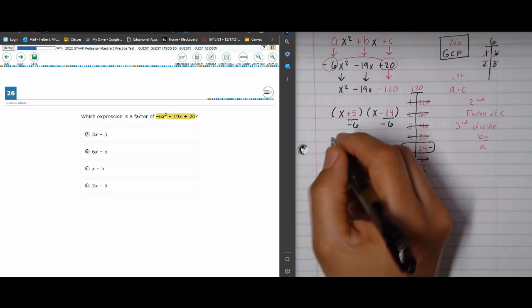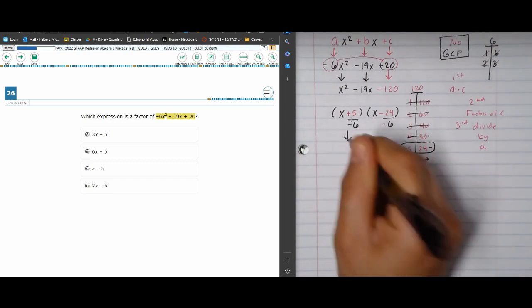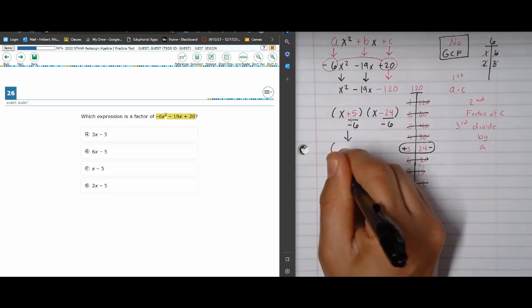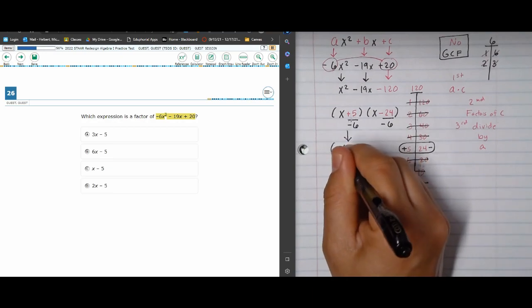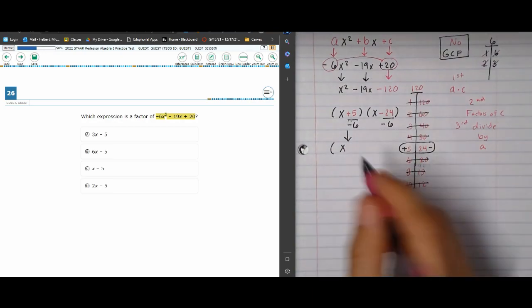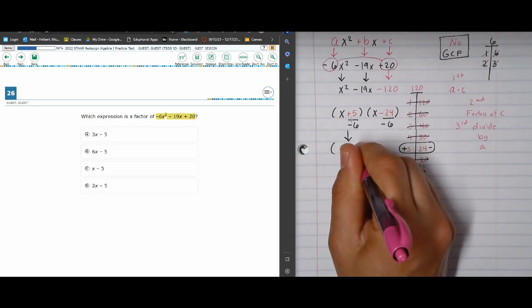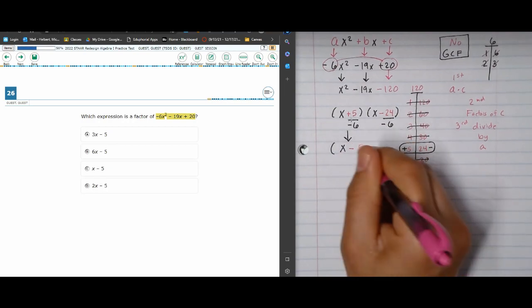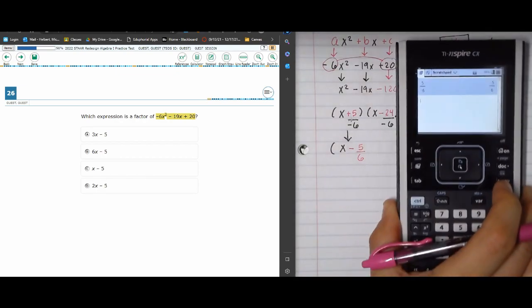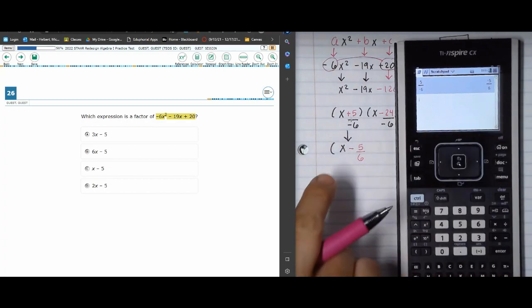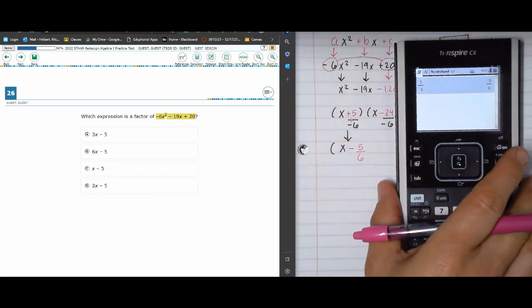So the only change that we have here is really just the sign. And so let me show you what I mean. I'm going to go ahead and rewrite this because I think it'll be clearer. This has now changed from x plus positive 5 over negative 6 to x minus 5 over 6. Notice our calculator just has a negative sign on top, so it's x minus 5 over 6.